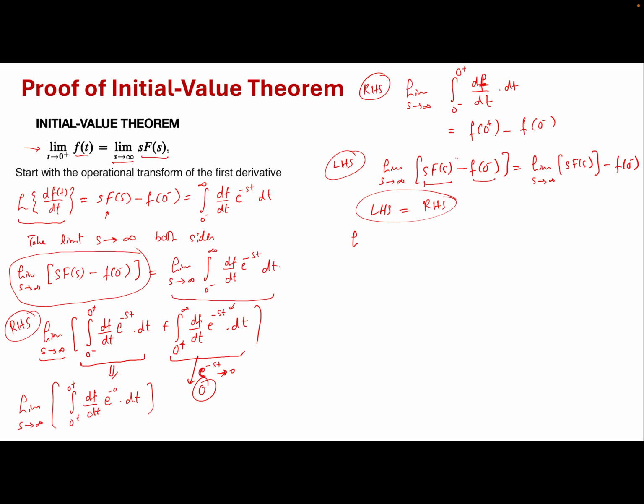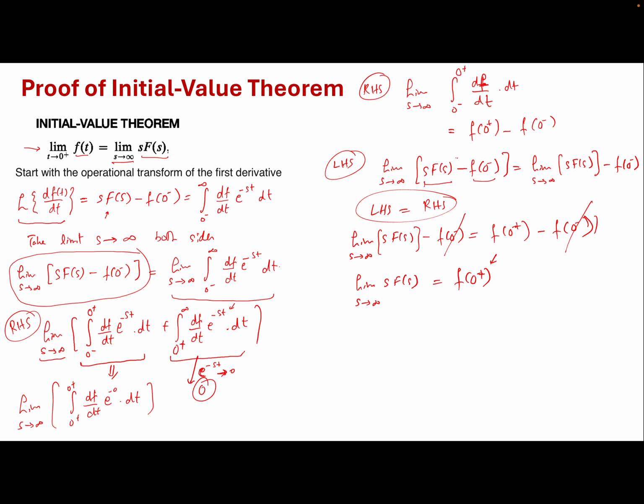So the left hand side is the limit as s approaches infinity of sF(s) minus f(0-), which equals f(0+) minus f(0-). Interestingly, f(0-) will be cancelled out and I will be left with the limit as s approaches infinity of sF(s) equals f(0+).